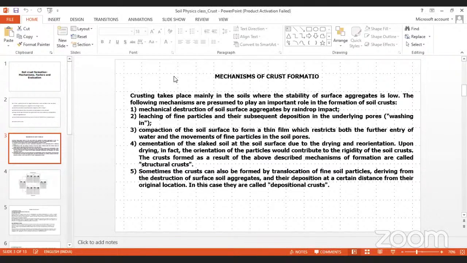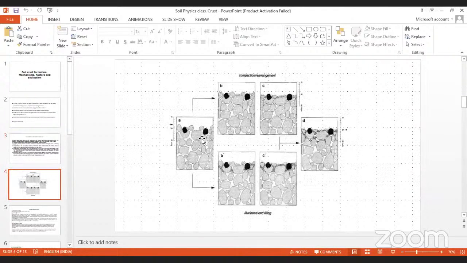Now coming to crust, what happens here? You can see from the diagram that this is the intact soil without any external forces. When water falls on the soil particles, it disintegrates as well as disperses the soil particles, and forms a thin layer which inhibits infiltration of soil water as well as soil aeration.